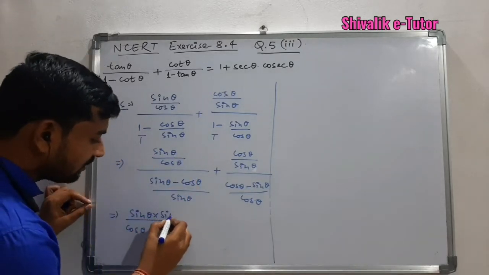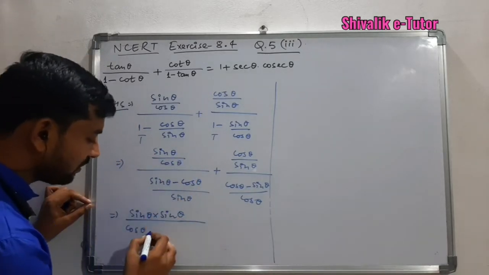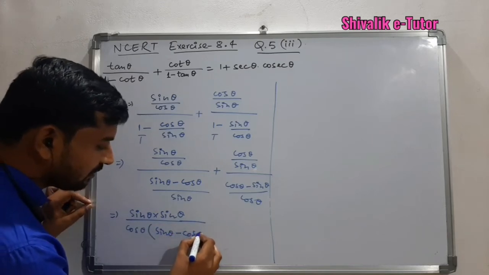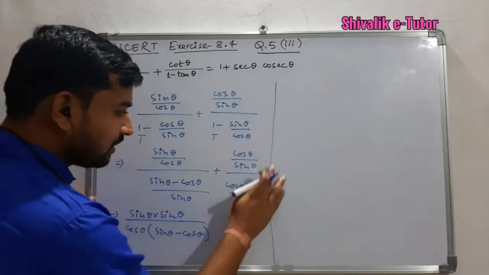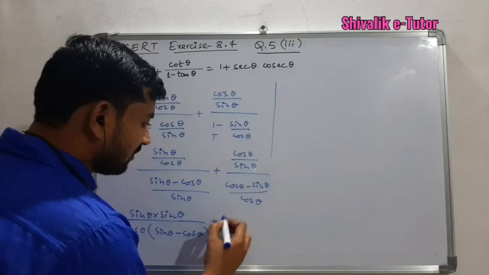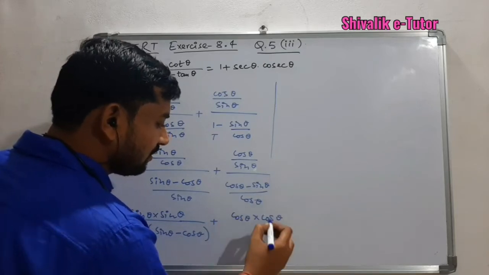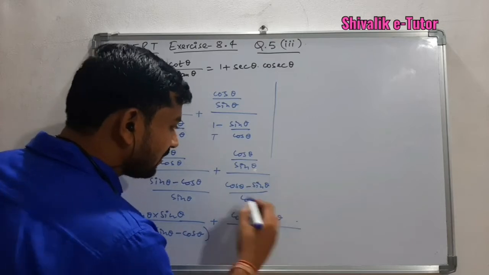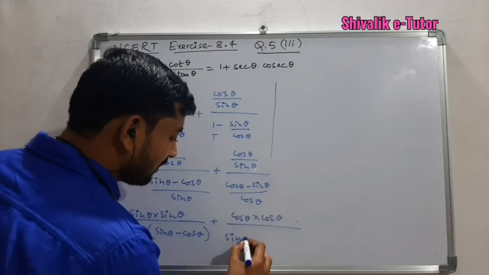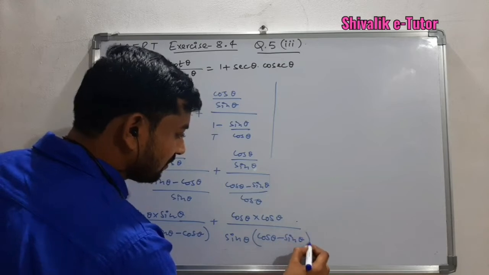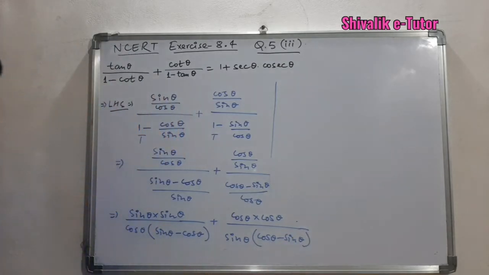So this will become sin theta into sin theta, and cos theta will come with sin theta minus cos theta here. Similarly, in this part, the cos theta and the cos theta from the denominator will be multiplied, and we will get sin theta multiplied with cos theta minus sin theta. This is the result till now.